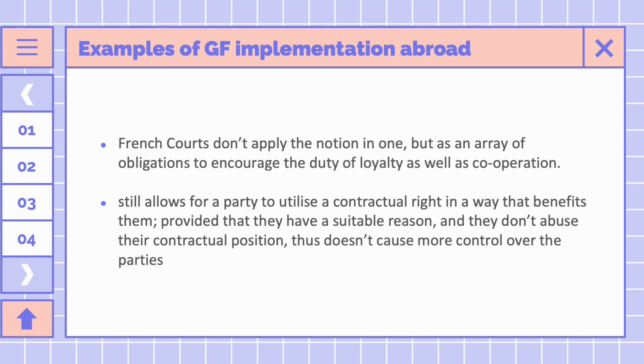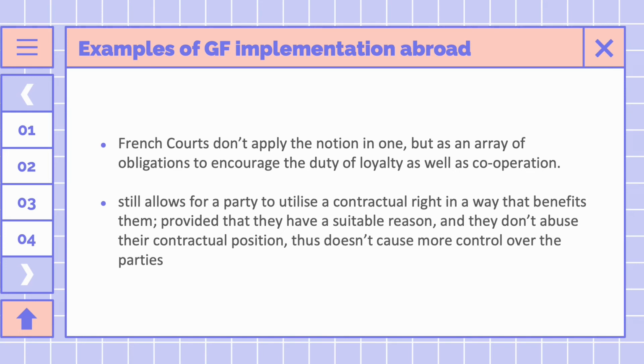When looking at examples of good faith being implemented abroad, it's easy to draw a comparison to French courts, which don't have one single good faith application, but see good faith as an array of obligations to encourage a duty of loyalty as well as cooperation, rather than a single rule that's very strict.